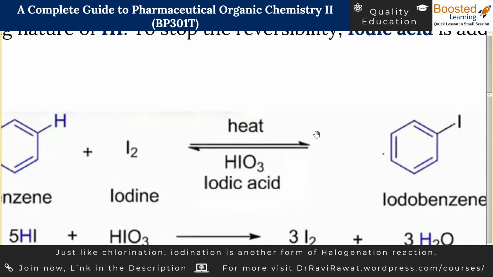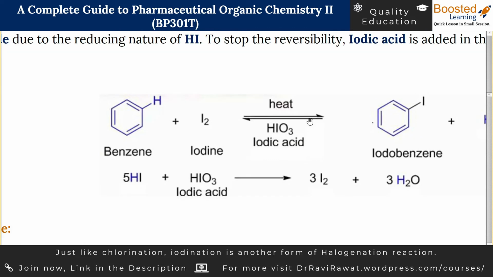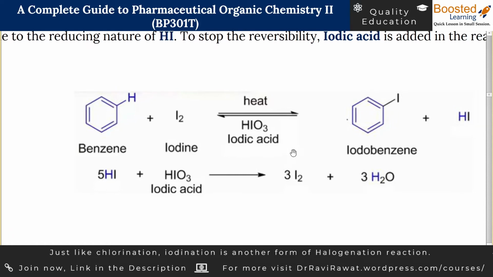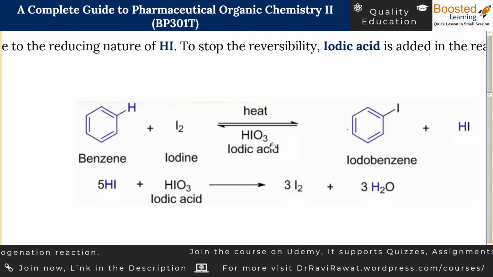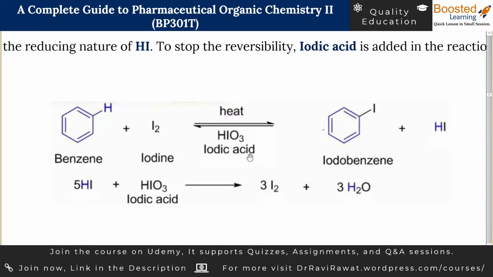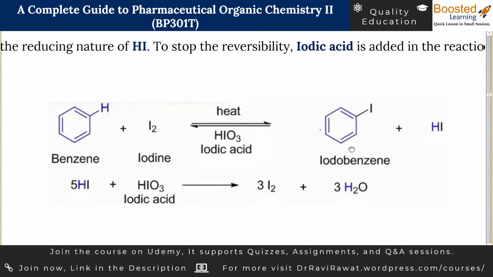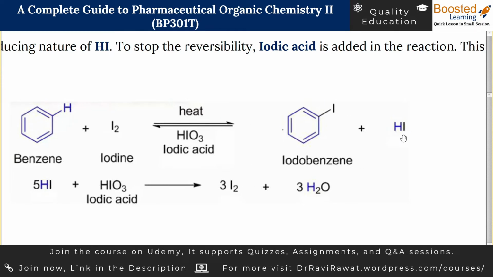This is also displayed by the equilibrium arrow, which shows that the product can revert back to the reactant. Now to stop this, we use an oxidizing agent called iodic acid. Let us first understand why the product was reverting back to the reactant. The side product was hydroiodic acid.